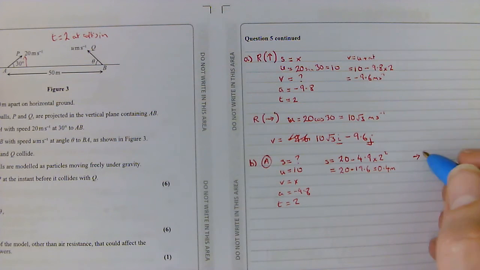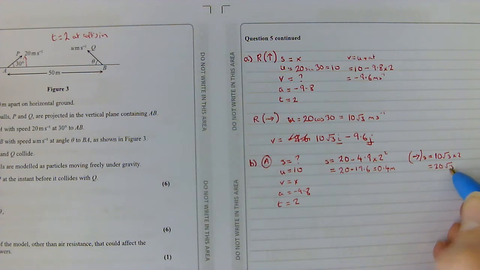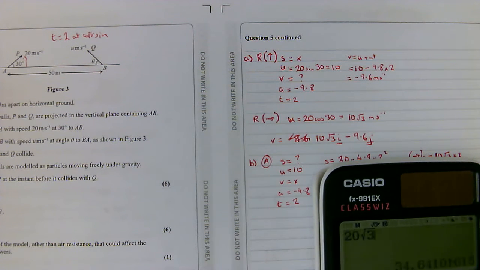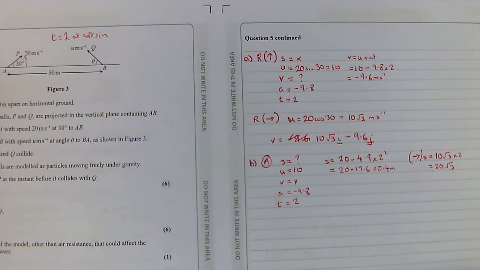Looking horizontally, distance equals speed times time. So distance, this is my horizontal side, distance equals speed, which was 10 root 3, times by 2, which is 20 root 3. If I want that as a decimal, 20 root 3 is 34.6 meters.